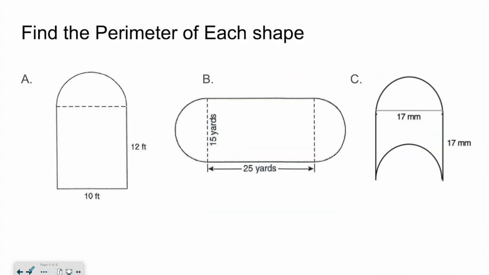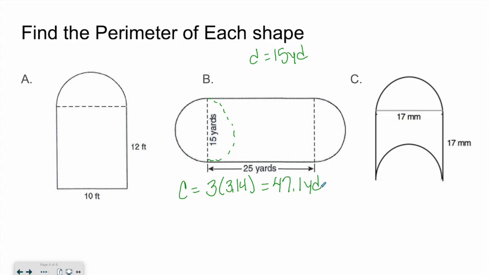Let's do letter B. In letter B, we have 2 half circles with a diameter of 15 yards. The circumference, 3 times 3.14, gives us 47.1 yards.